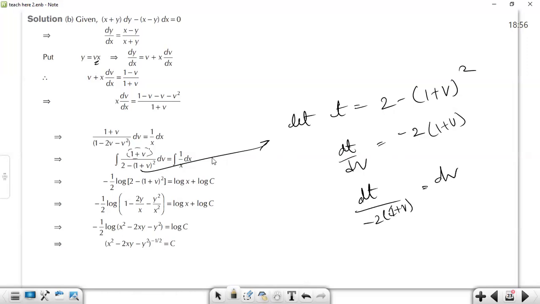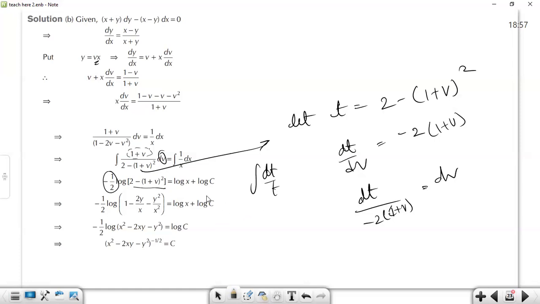I will substitute for dv, 1 plus v will be cancelled and minus of half will be in the multiple, and whatever is remaining will be written as integration of dt over t. So logarithm of t, so t has been back substituted. They have considered that you have already studied integration, that's why they have not solved for it.